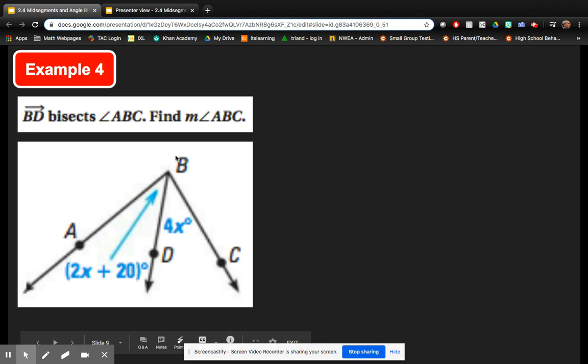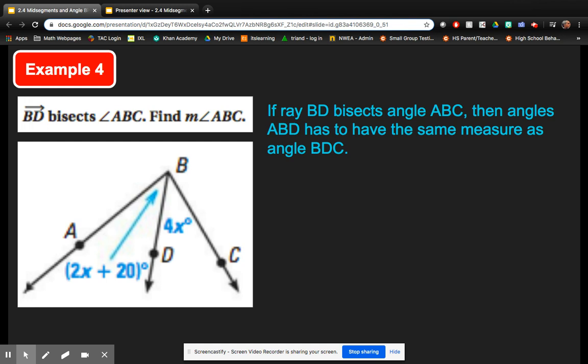Example 4. Ray BD bisects angle ABC. The fact that ray BD bisects angle ABC tells us that ABD and DBC have to be the same measure.